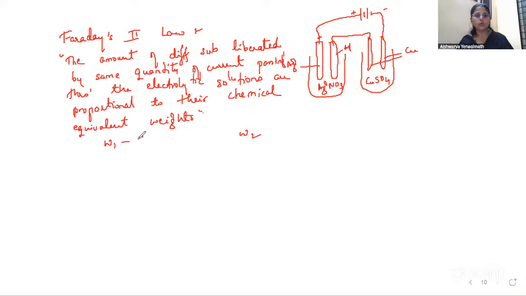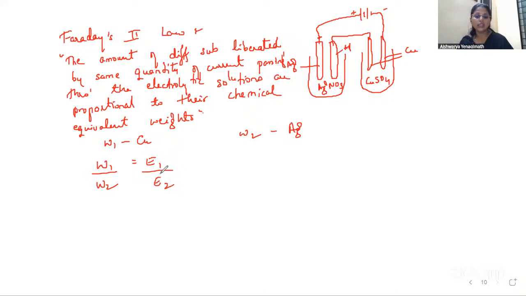So W1 by W2 is equal to E1 by E2, the ratio of the equivalent weight of copper and the equivalent weight of Ag. In general, it is the equivalent weights of metal 1 and metal 2.